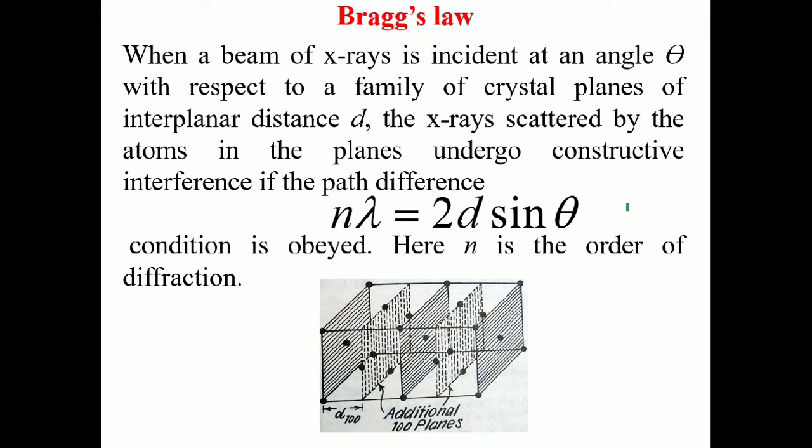That is the condition for constructive interference, which we understood through physical optics during our earlier courses, and n lambda should be equal to 2d sin theta according to Bragg. Here d means the interplanar distance. For example, if this is a plane system, this is the interplanar distance. This is also the interplanar distance, and this is a plane. These are a number of planes available within the crystal system, right?